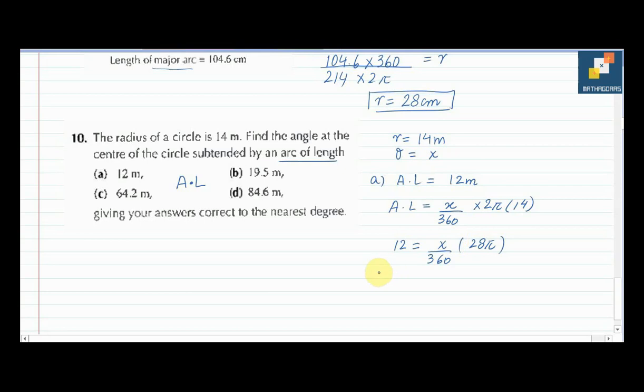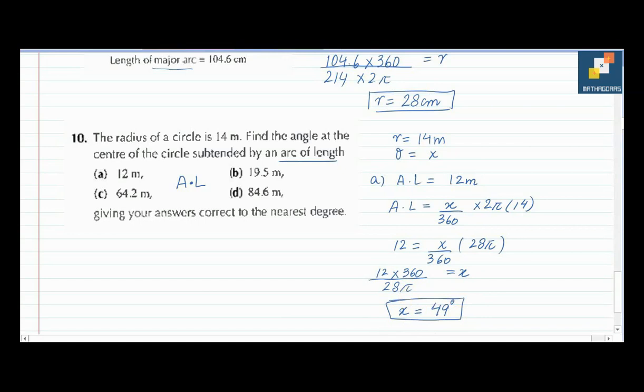So 12 multiplied by 360, and this number will be divided, that is 28 pi, is equal to x. Now you can easily find it by your calculator. So 12 by 360 divided by 28 divided by pi. So it's 49 degrees for the first part.